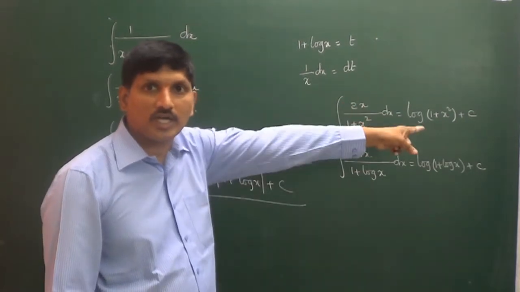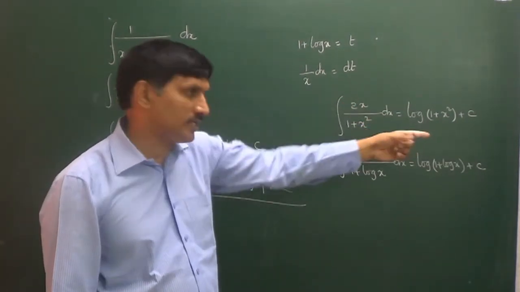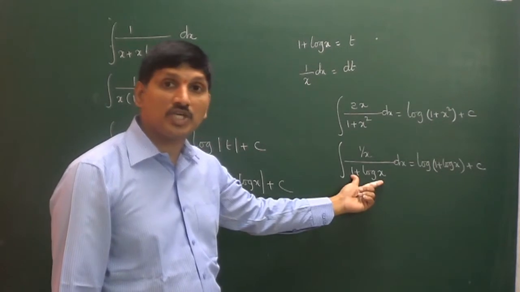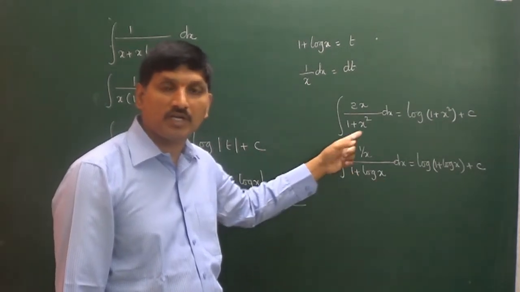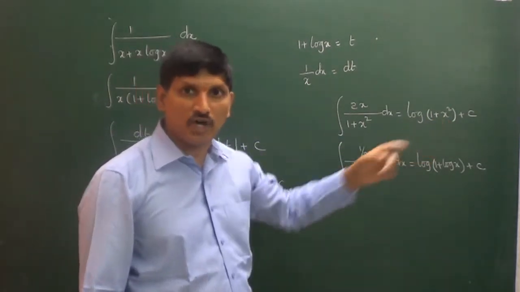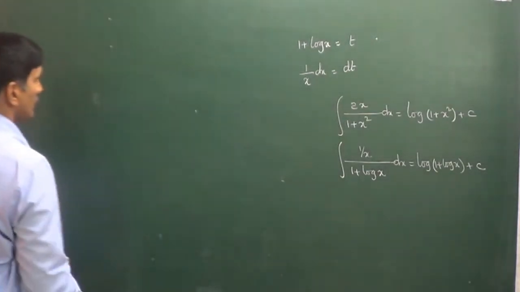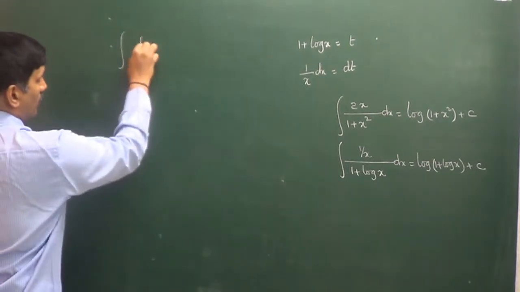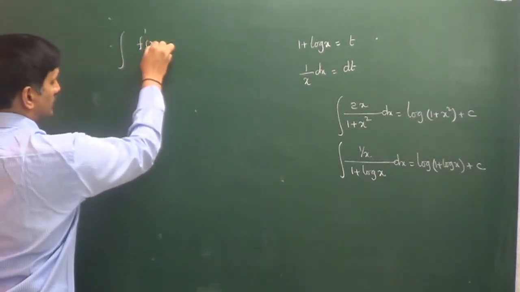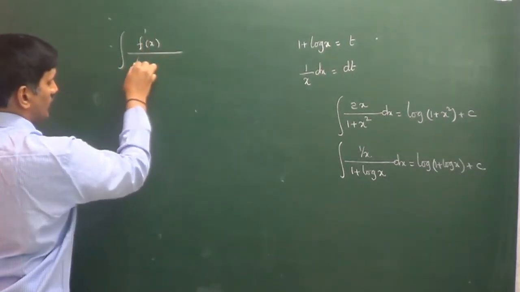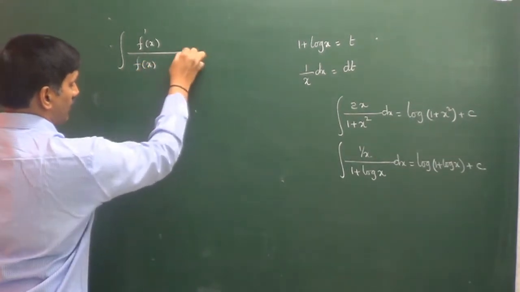When the denominator's differentiation appears in the numerator, we can write the answer as log of the denominator. So that's what we are writing here: integration of f dash of x by f of x dx.